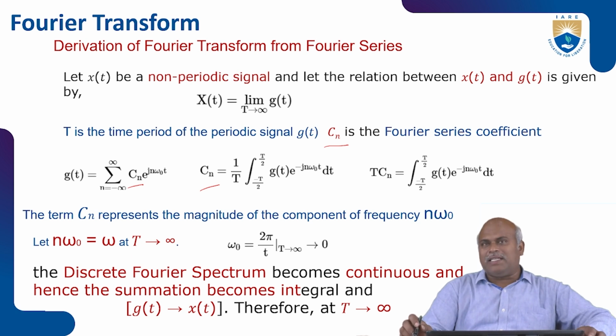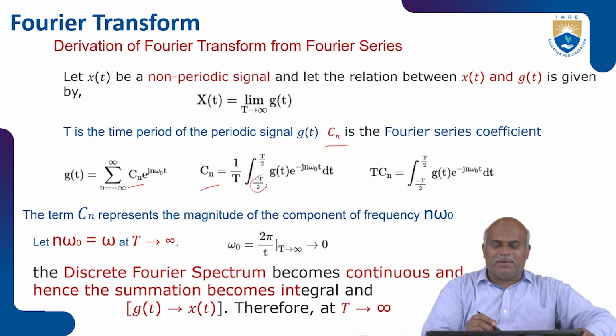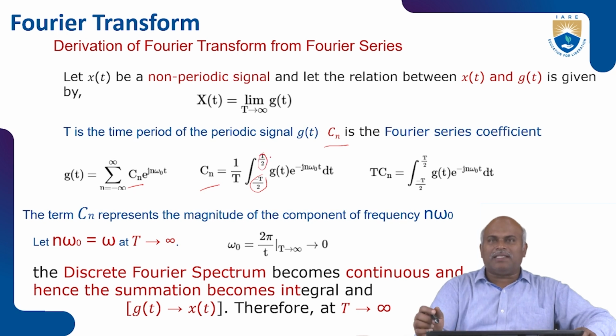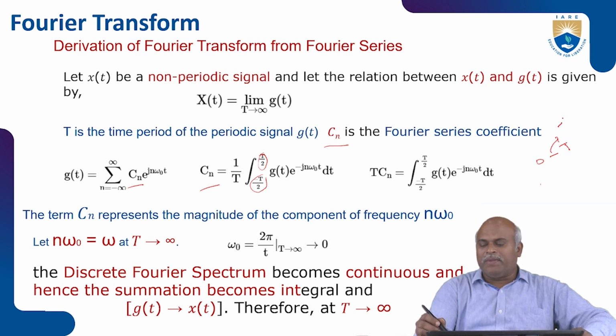Why? Because in this interval we take, the signal is represented as periodic. The periodic signal is active only from 0 to T. For 0 to T, I split it into minus T by 2 and plus T by 2.